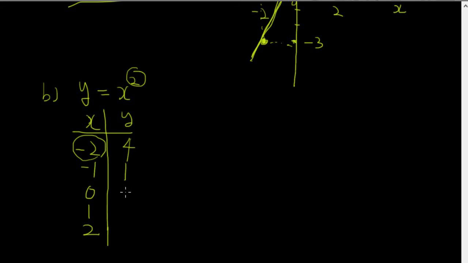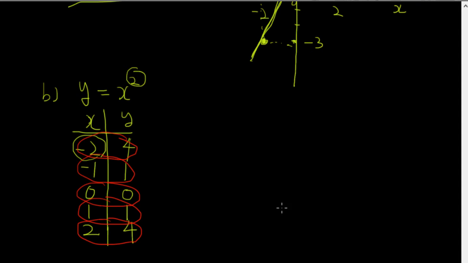When I put 0, it's going to be 0. When x equals 1, 1 squared is 1. 2 squared is 4. So we have these 5 pairs, right? 1, 2, 3, 4, 5. 5 pairs.